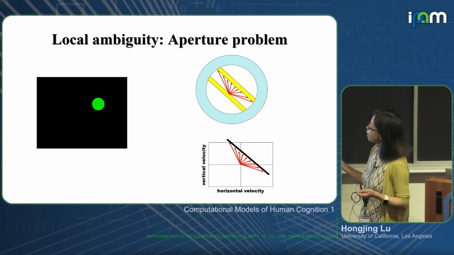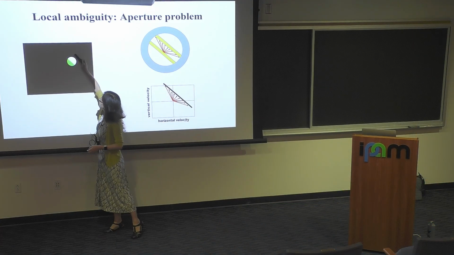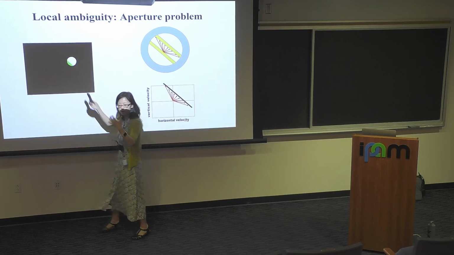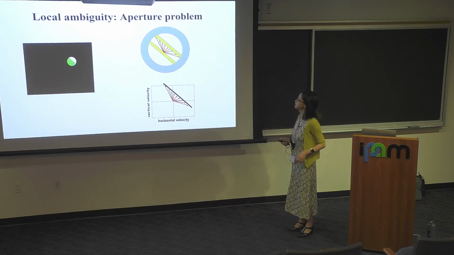So now we have one edge, the edge in the first frame and the edge in the second frame, and all these points on the edge have the same appearance. They could go along this line, or could go this way, which is probably what most of you perceive, or could go this way, because the line could be very long and I can only see it within the limited space.